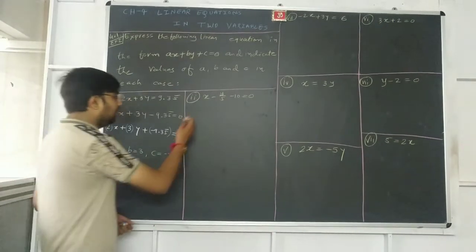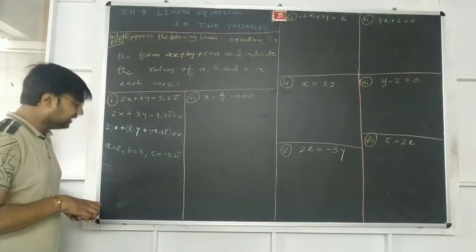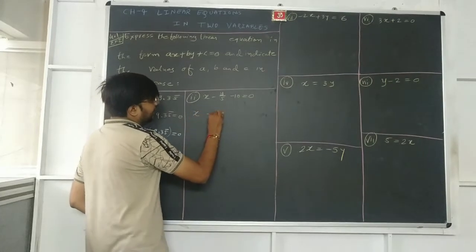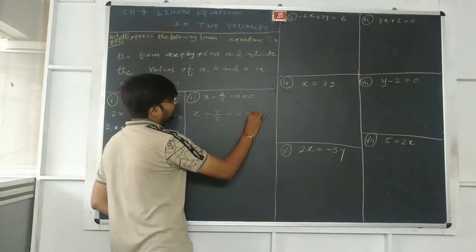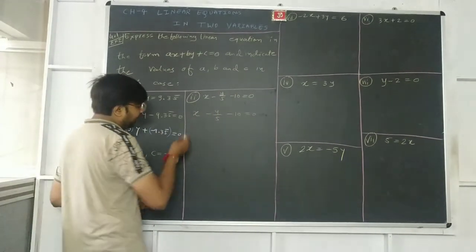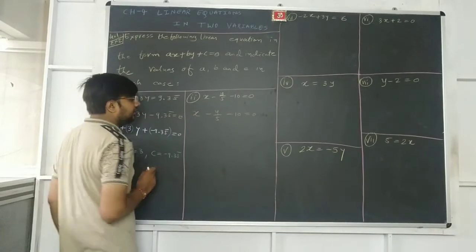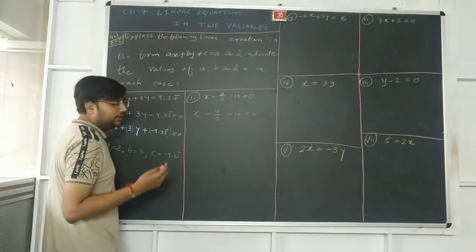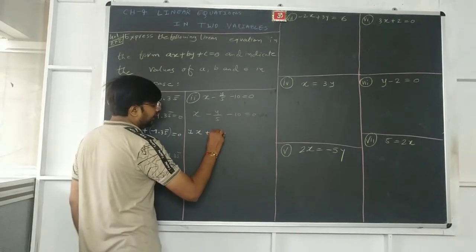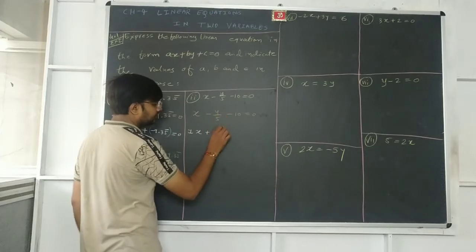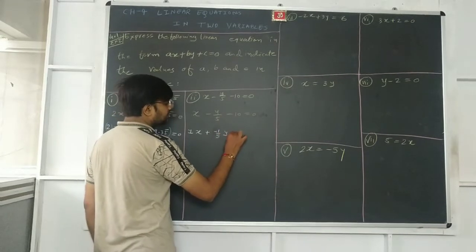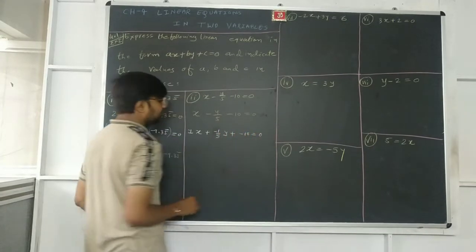Okay, now the next question. Here, compare x minus y upon 5 minus 10 is equal to 0 with the form ax plus by plus c is equal to 0. Now we get the answer. If nothing is written as the coefficient, then it is 1. So 1x plus negative 1 upon 5 into y plus negative 10 is equal to 0.